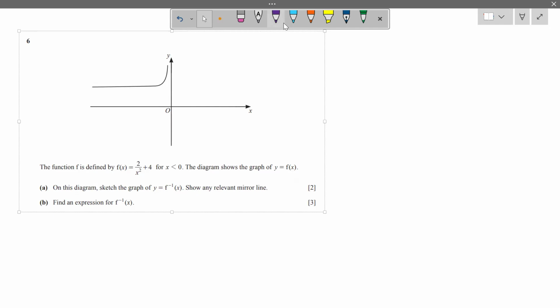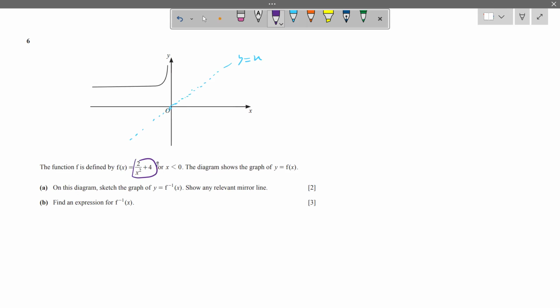So first we have to identify that the graph of y equals f inverse is mirrored about the line y equals x, like this. And now for some details, notice that the function is like this.